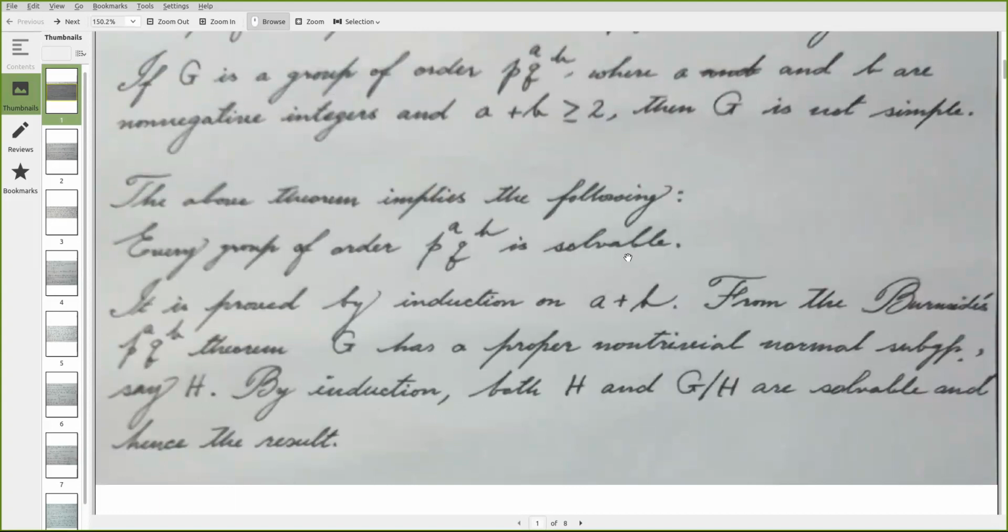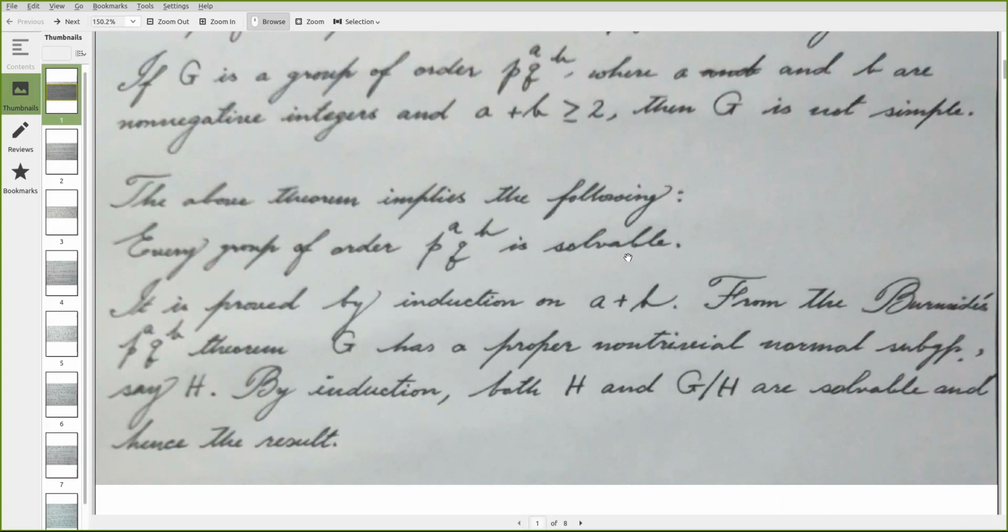The other case is when a plus b is 0 or 1. In the 0 case, we should not bother about that at all. When a plus b is 1, that means either a is 1 and b is 0, or b is 1 and a is 0.